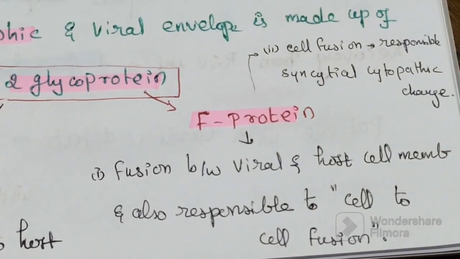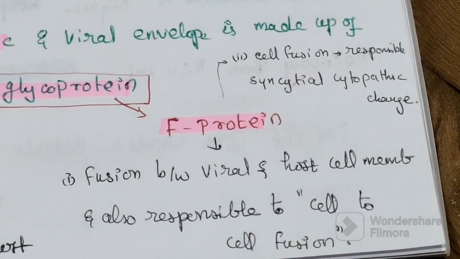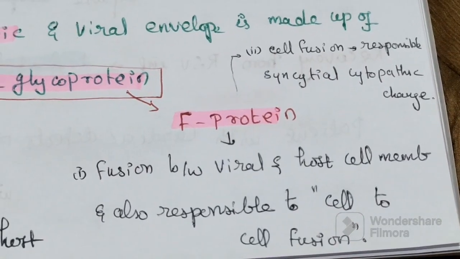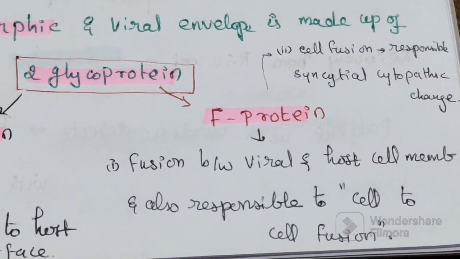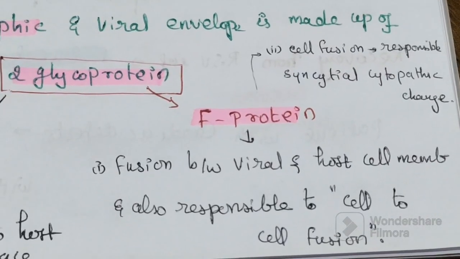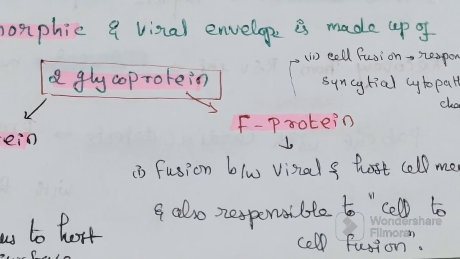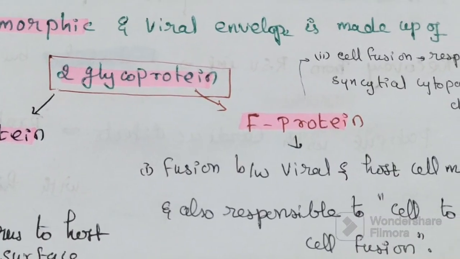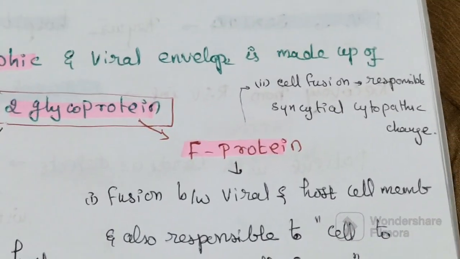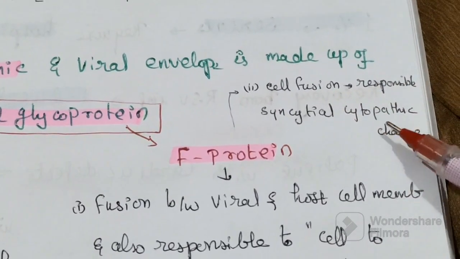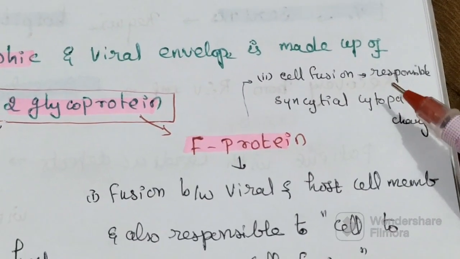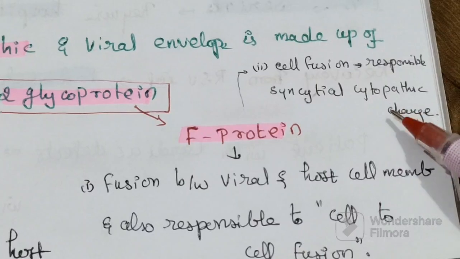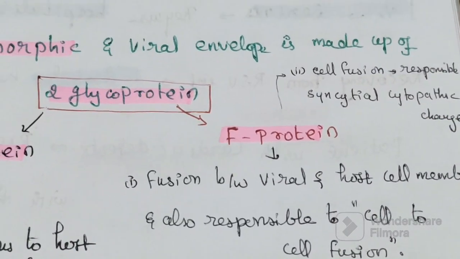The F protein mediates fusion between the viral and host cell membrane, and is also responsible for cell to cell fusion, causing the syncytial cytopathic changes.